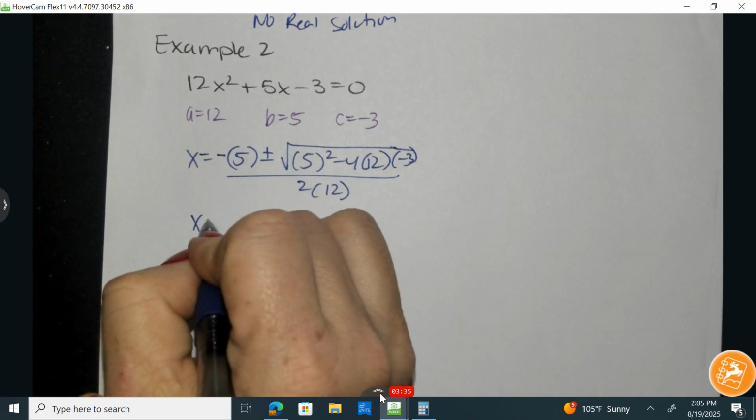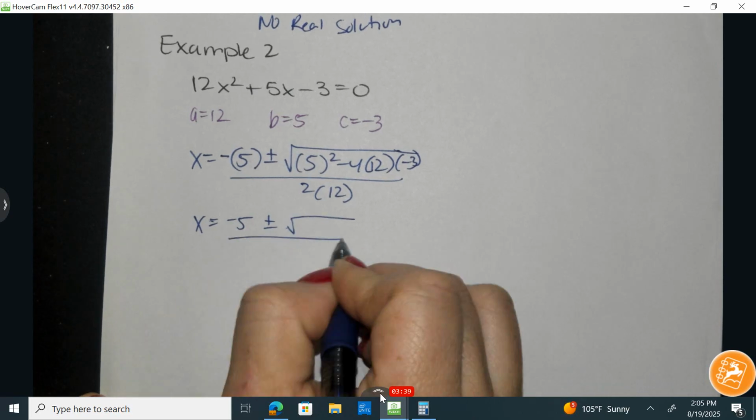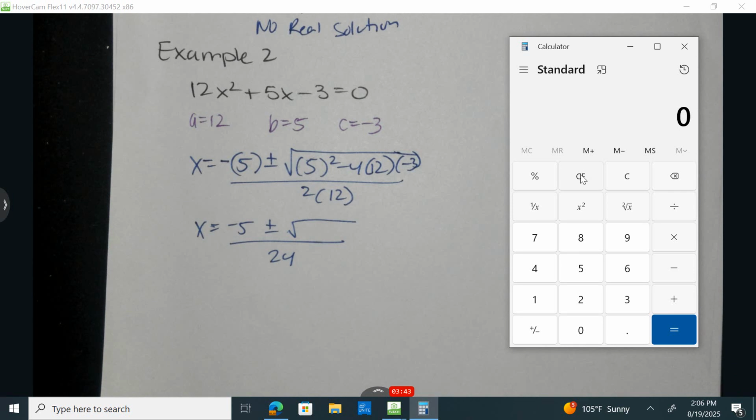Okay, so I know that I end up with a -5 on the outside, and on the bottom I have a 24. Now I'm going to use a calculator, and I advise you to do the exact same. So I know that 5 times 5 is 25. Let's figure out what this is. So I have a -4 times a 12 times a -3. And I need to combine that with a 25, and I get a -26.